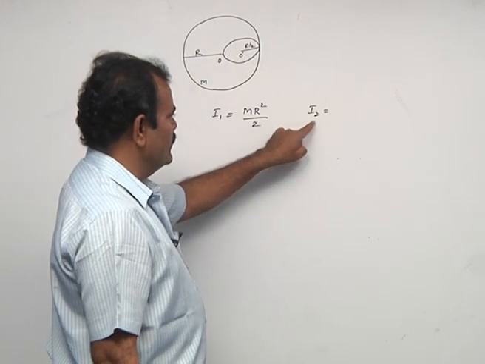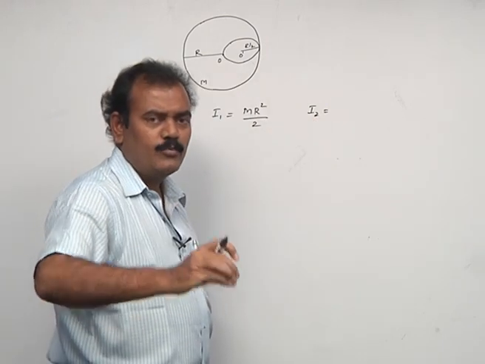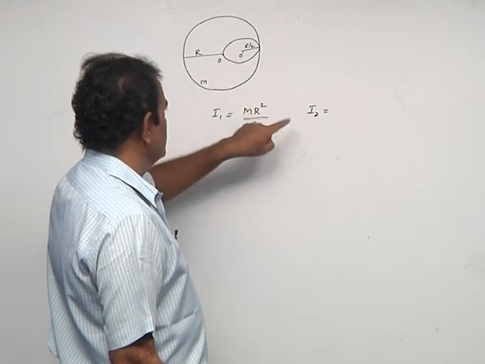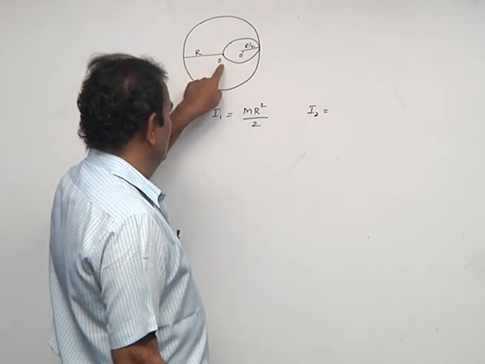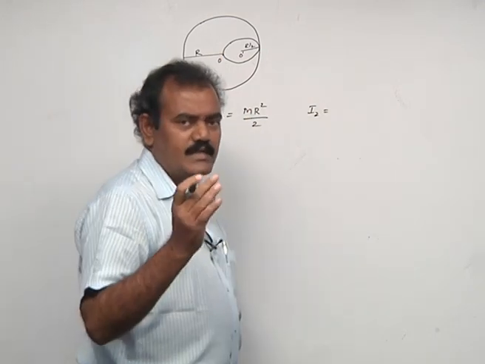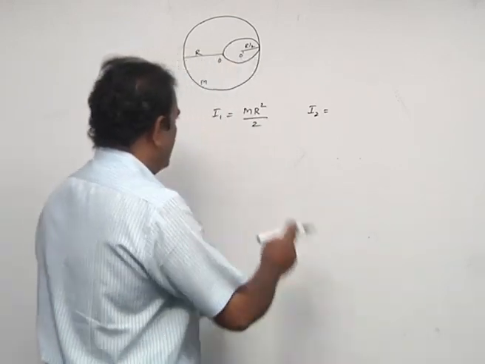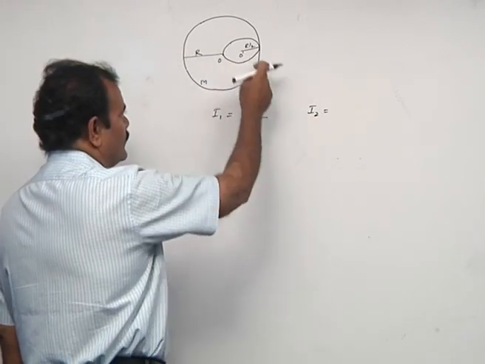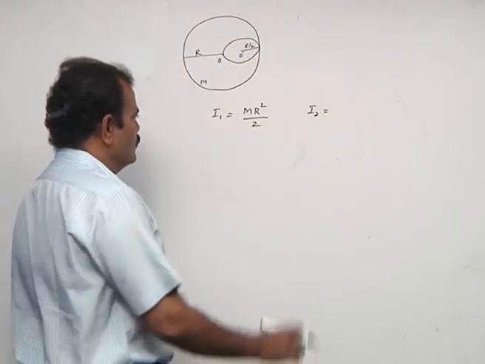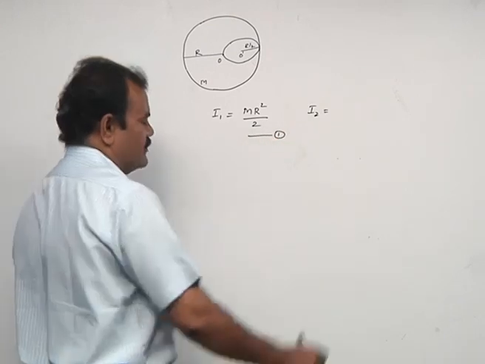And I2 is the moment of inertia of that removed portion of the disk about the same center O. I1 minus I2 indicates the moment of inertia of the remaining portion of the disk about the O. So I1 is equal to mr square by 2, that is cleared, so it is taken as the first equation.